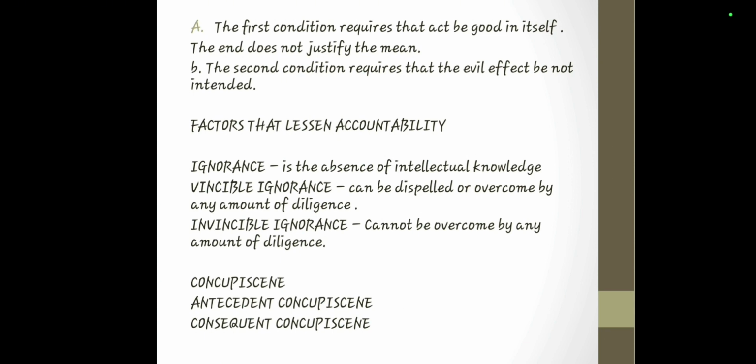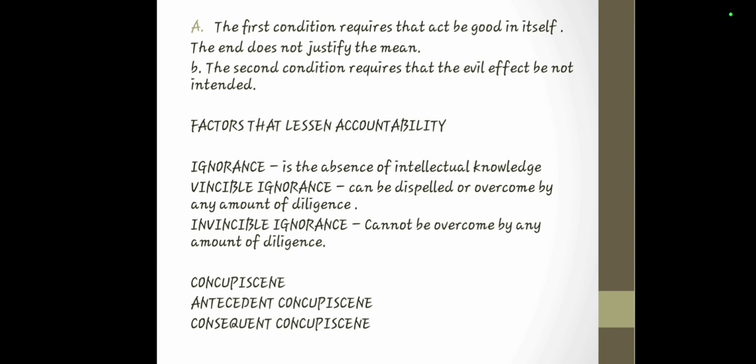Now let's move forward to the factors that lessen accountability. Since responsibility depends on the voluntariness present in an act, we must inquire into the factors which affect voluntariness in an action. These are namely ignorance, concupiscence, fear, and violence.